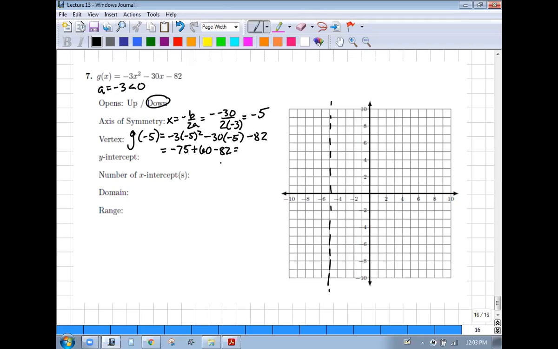My calculator. I'm running low on my blood sugar now. 60 minus 82 minus 75: -97. Did I do something right here? -97 is a big number for a vertex.